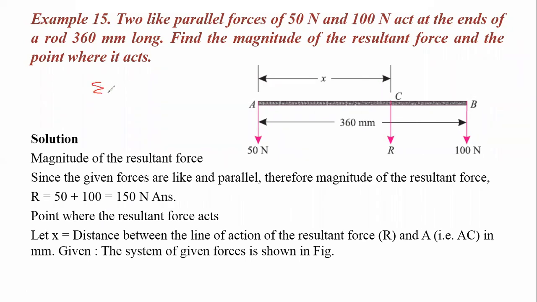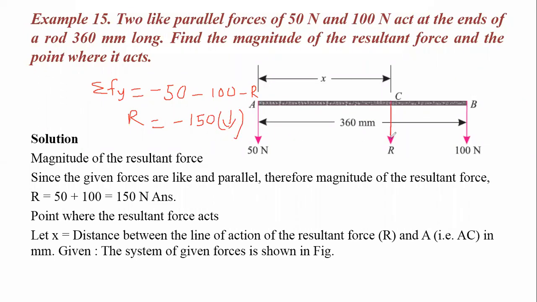If we take the summation of all vertical forces, summation Fy is equal to, considering the downward force as negative, minus 50 minus 100 minus R. It means that R is equal to minus 150, and the minus sign indicates that the force is in the downward direction.